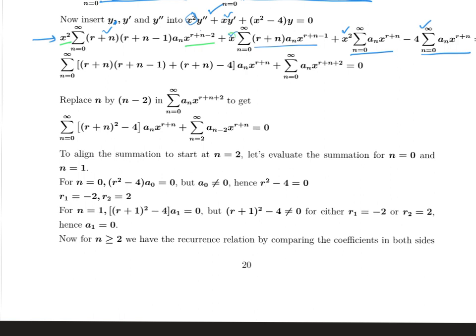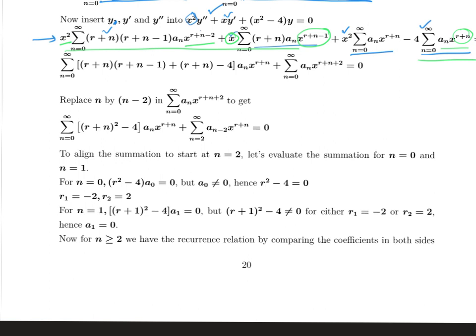And similarly, you have an x here, and if you combine it with this one, it's going to be x to the power r plus n. So I could combine these two terms. And then also note this term, negative 4 times summation n is equal to 0 to infinity a sub n x to the power r plus n. This one also has the same exponent.